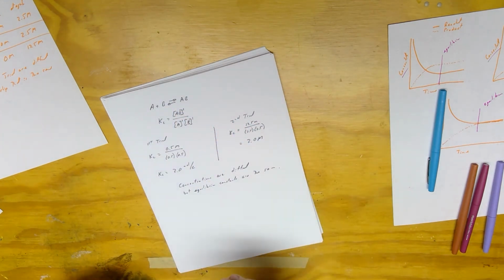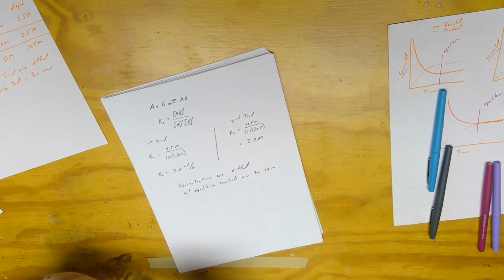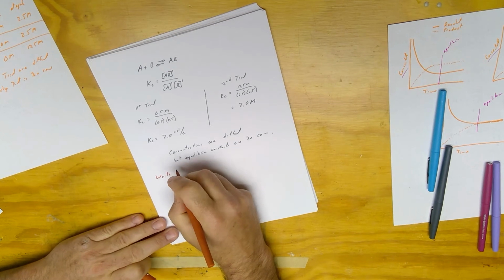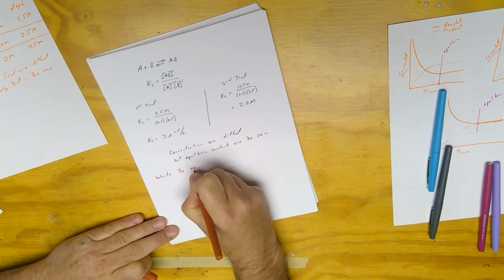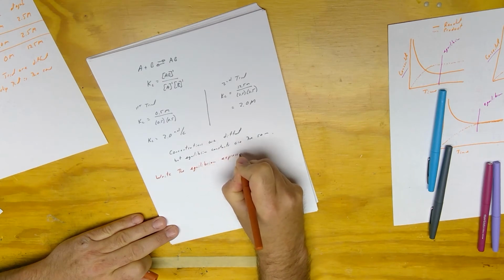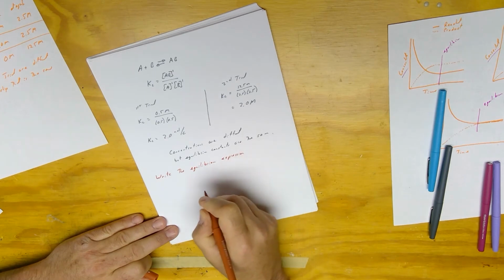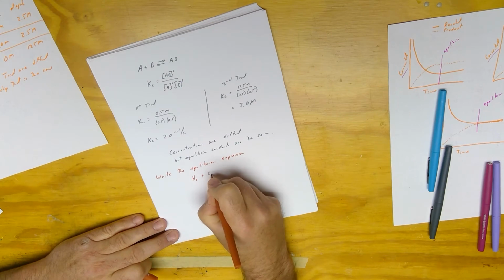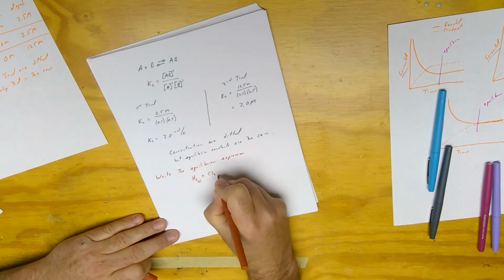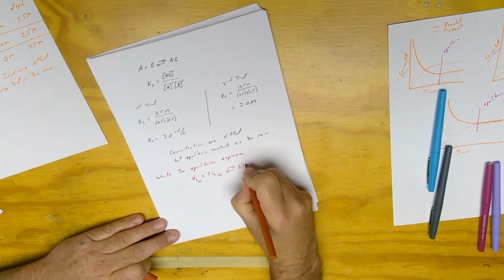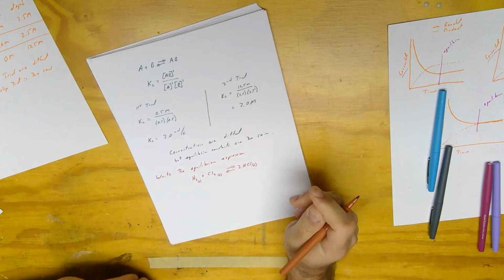Why don't we go ahead and write the equilibrium expression for this equation? So we have H2 plus Cl2 gas going to 2HCl gas.